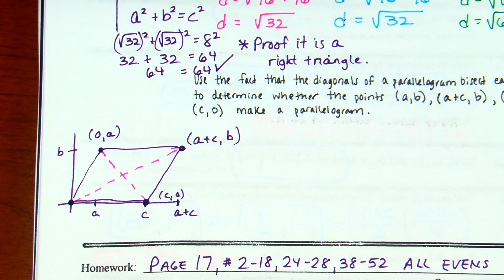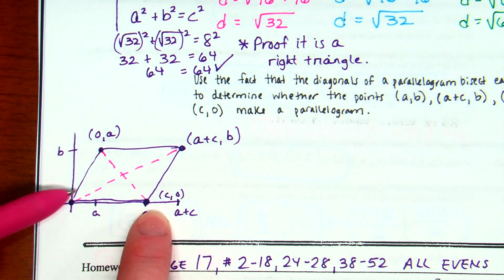Where should these be meeting? In the center, which is what point on each line? Where's the center of the line? The midpoint. So the idea here is you're trying to show that the midpoint of this line is the same as the midpoint of this line.